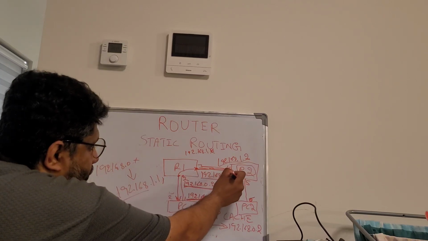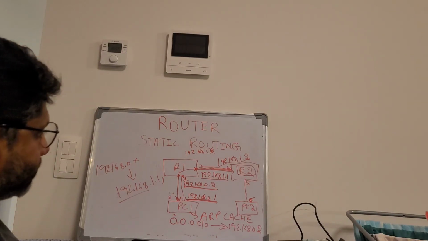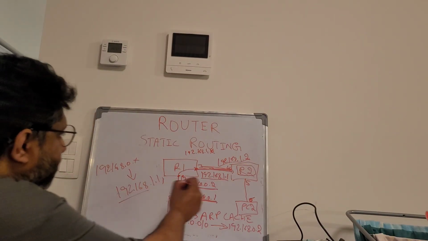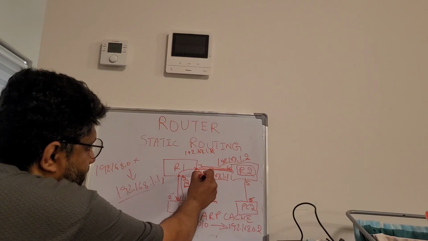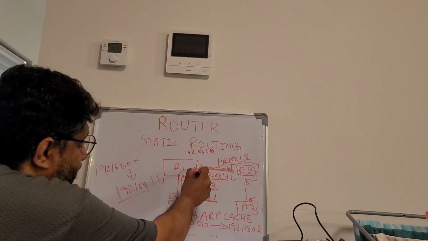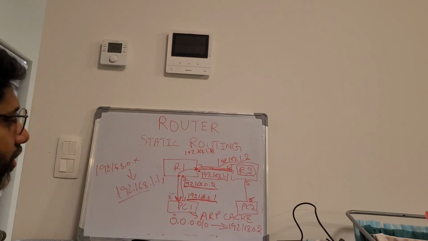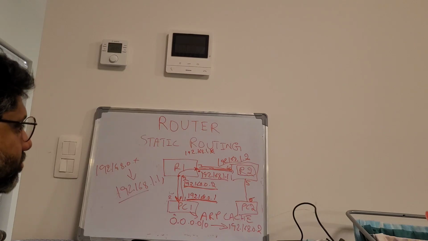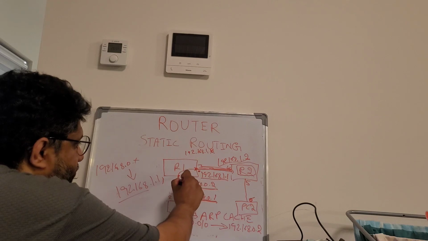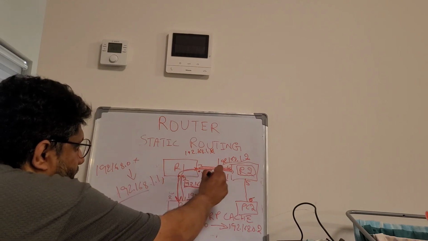That means to reach here, go to the third interface first. So when R2 replies with an ICMP echo reply, it will use the MAC address of interface 3 to reach the destination MAC address. So it comes here, and then it will know where to reach the 192.168.0.x network. So now we made sure that communication from 1 to 2 is fine, from 3 to 4 is fine, and from 1 to 4 is also fine.